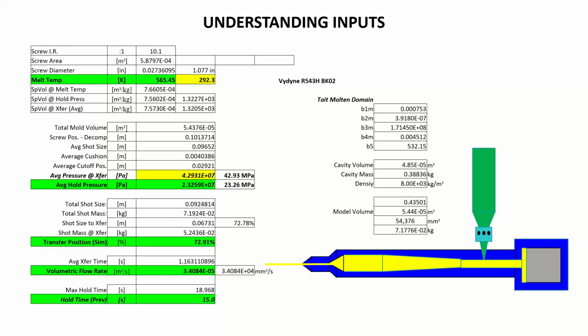In our simulation, we don't use the compression during filling, but we do in packing. During filling, we're using Stokes flow, and so we assume that the material is incompressible.